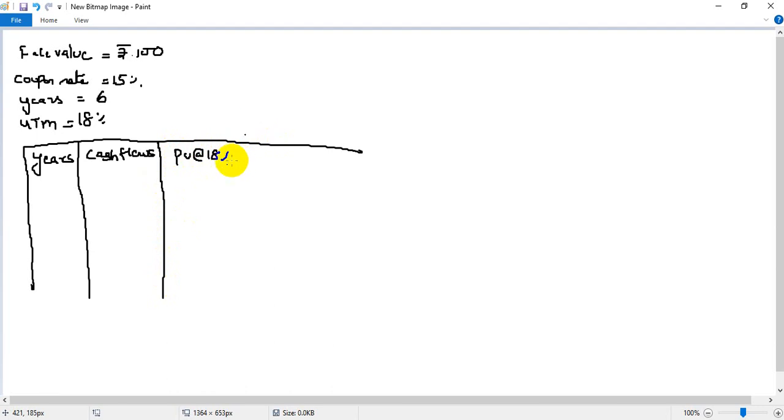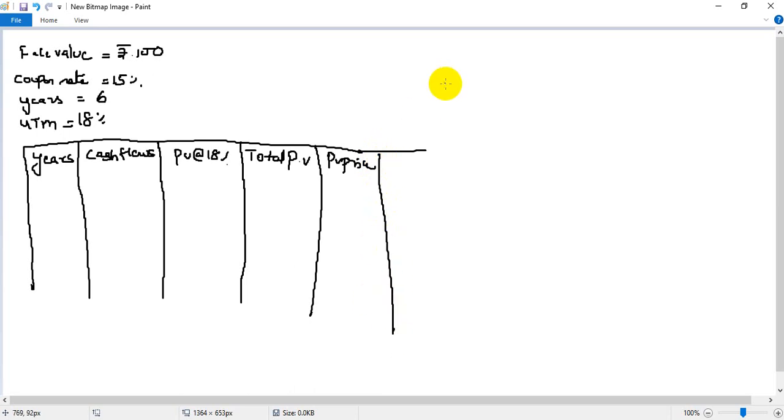That is the A3 table, you need to take it down, because when cash flows are different, here it would be different, since you are going to add the principal in the last year. Whenever you take a loan, you have to pay the principal in the last year, with interest. Then total PV. The next column is PV price, which you need to calculate. The last column would be the duration.